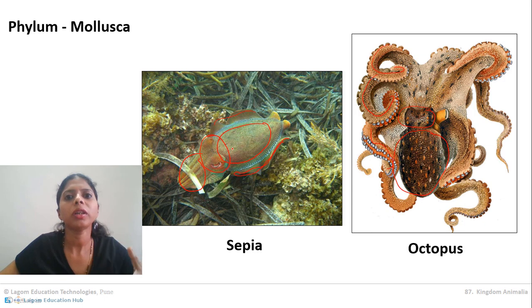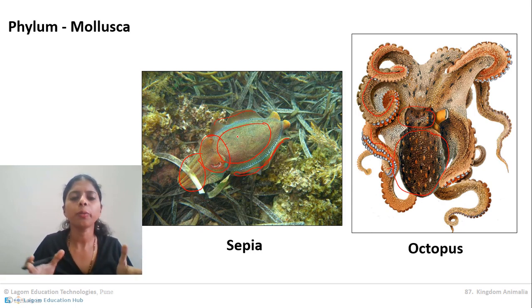Now another very important thing in these animals. This visceral mass secretes a gelatinous substance inside it. This gelatinous substance gives protection to the digestive system and the visceral mass.